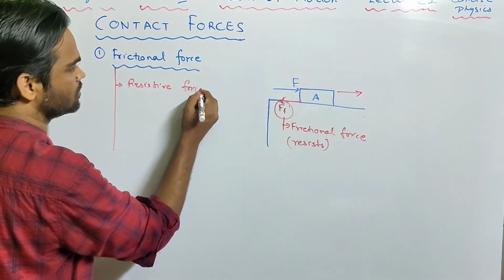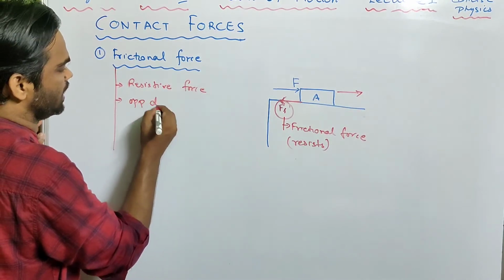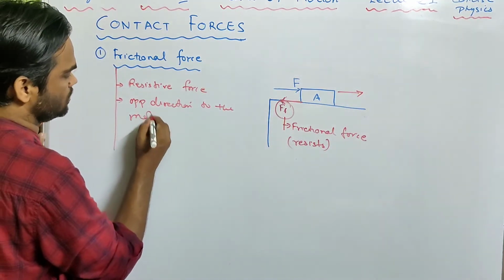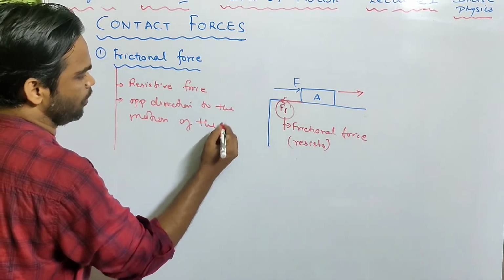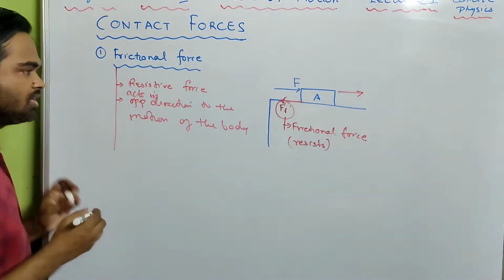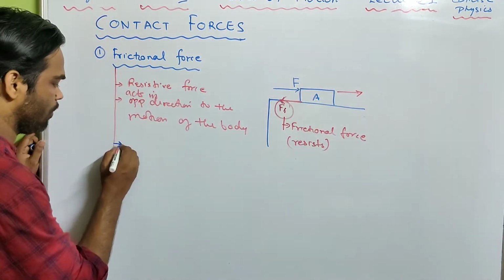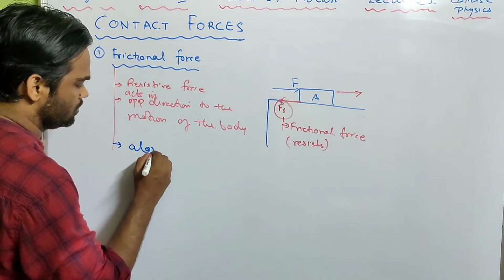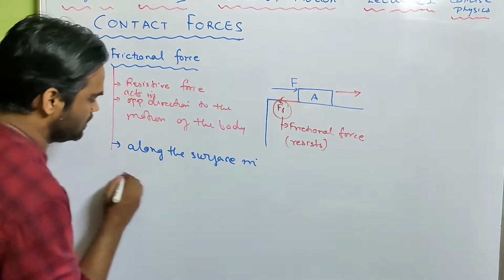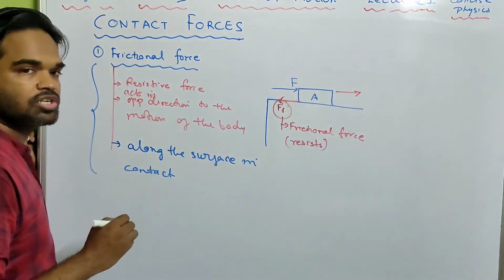It always acts in an opposite direction to the motion of the body. Then you can add one more point. It acts along the surface in contact. So this is my frictional force.